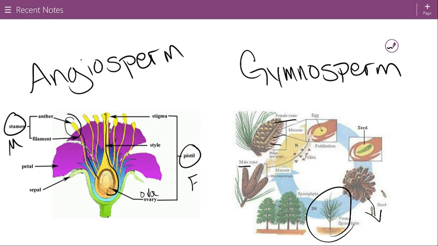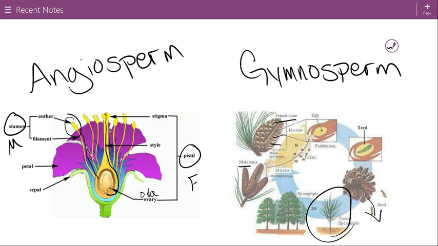Now, the way that the pollen and ova are created is very different than the way that the petal is created. Petals and the sepal and the stem and the tissues for the filament and the roots all go through a process called mitosis, which creates cells that are genetically identical to the parent cell.